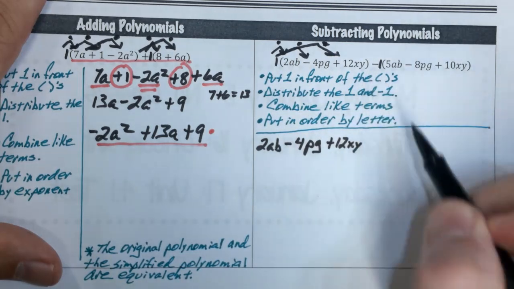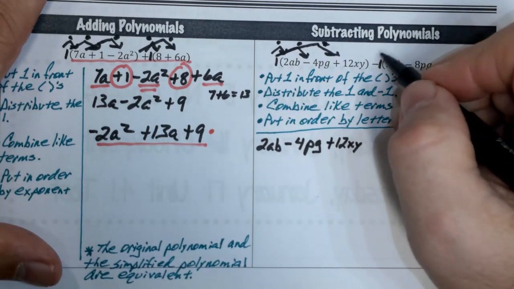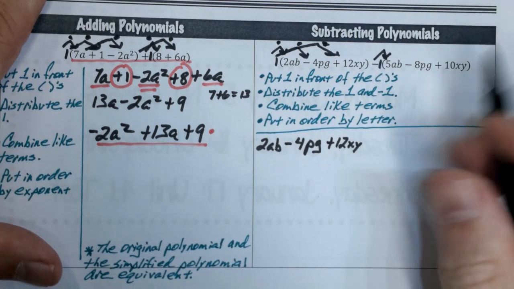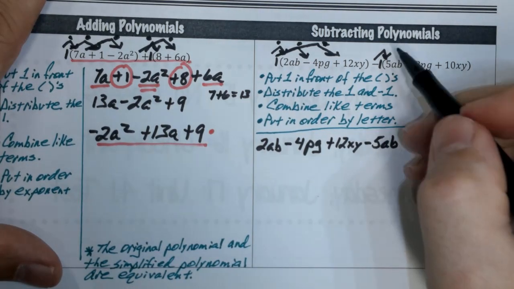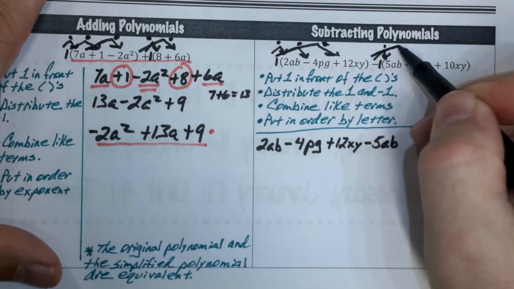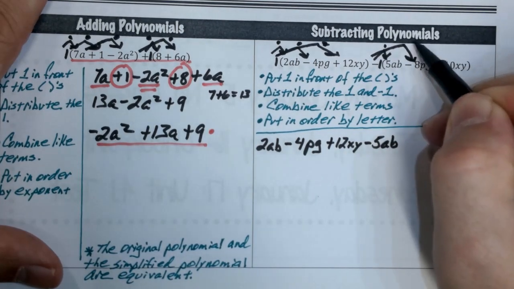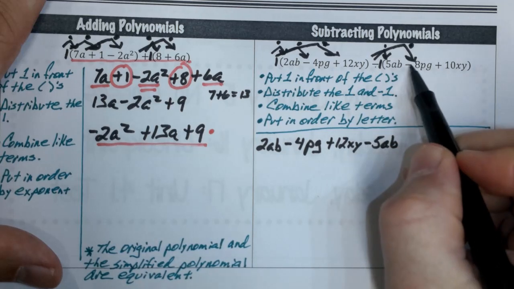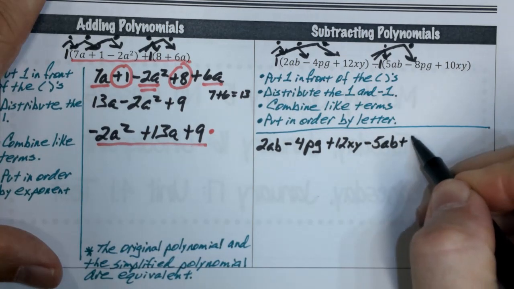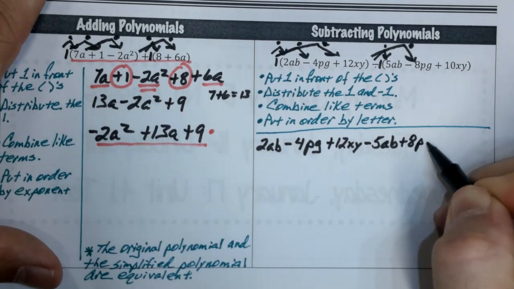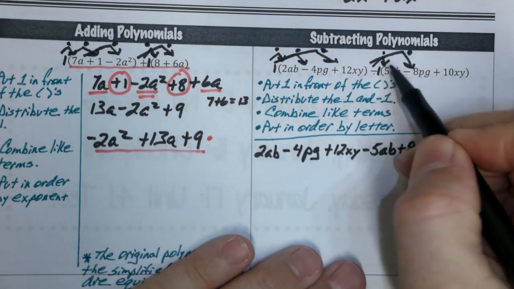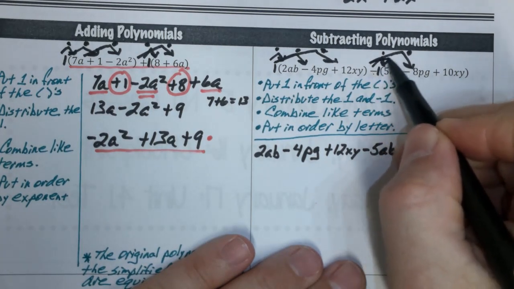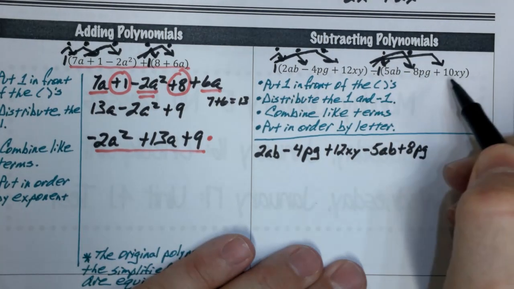And so now we have a negative 1. So notice I dropped the parentheses, and so now we're going to distribute the negative 1. So negative 1 times 5ab, that'll be minus 5ab. And then we have a negative 1 times a negative 8. So again, negative 1 times negative 8, that's going to be plus 8 pg. And then we have the negative 1 times this.